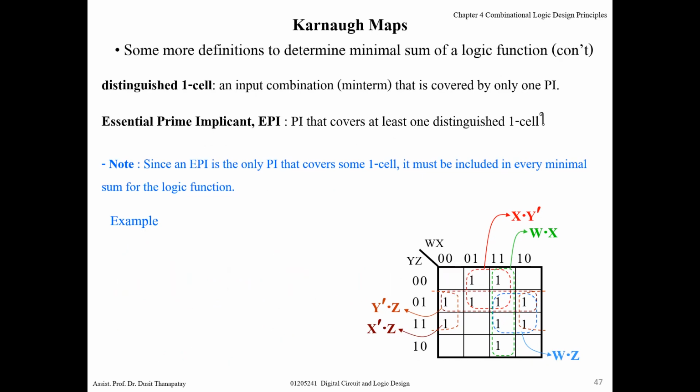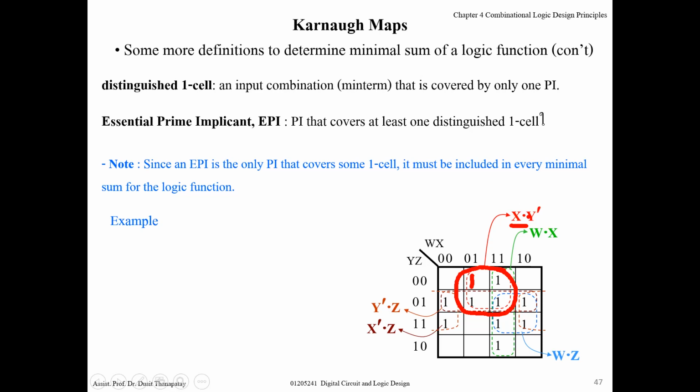To obtain the minimal sum, maybe you should know the terms distinguished one cell and essential prime implicant. Let's consider this example. This logic 1 is covered only by this group, namely this prime implicant, this product term.